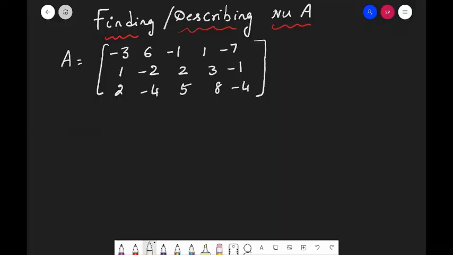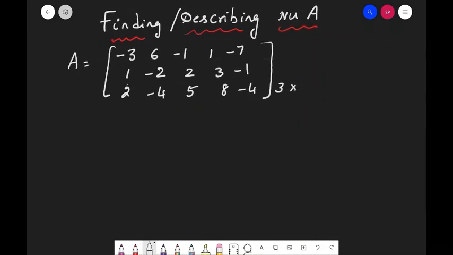Let us work out one problem in finding or describing null A. So here matrix A is given with 3 rows and 5 columns. So this is a 3 by 5 matrix.